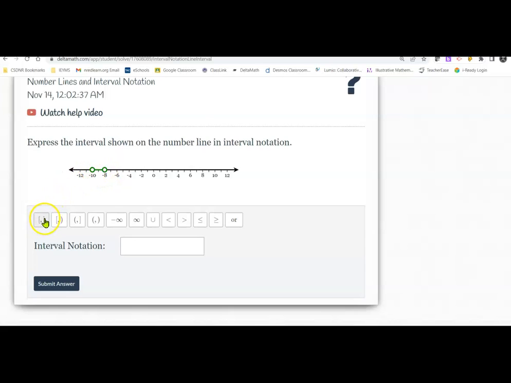So I'm going to choose the one that has a pair of 2 parentheses. Once I click it, I will enter my lowest value first, which is -10. Then I will arrow to the right, so I'm on the other side of the comma, and my highest value is -8. Now if you forget to arrow to the right, your comma is going to be in the wrong place. So be careful. The comma should separate the two values.